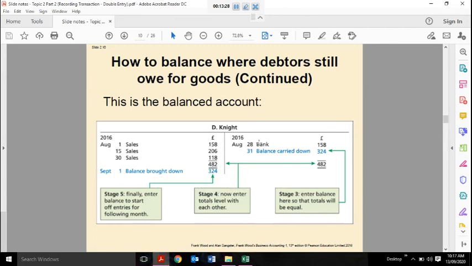From credit, you transfer to the debit side. So on 1st September, D9 still has a balance of 324. This balance brought down we can write as balance B/D. It's sufficient to write like that.